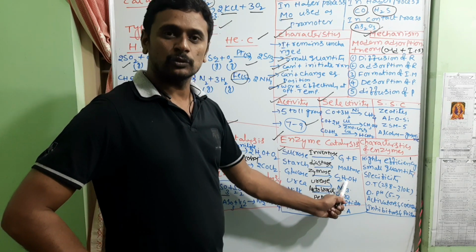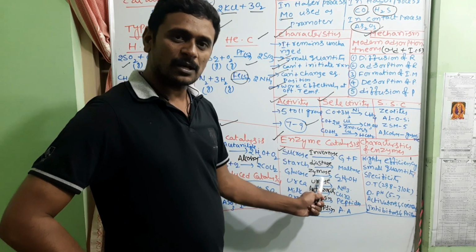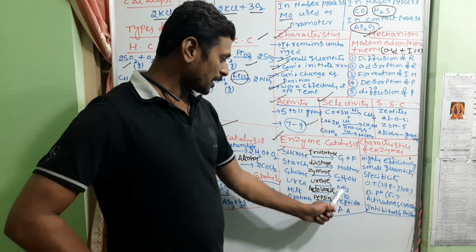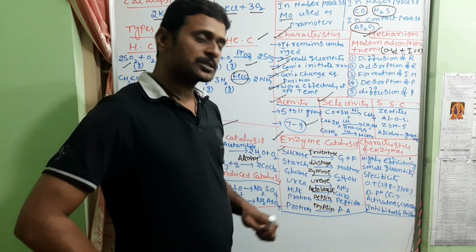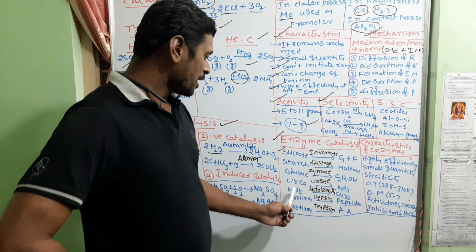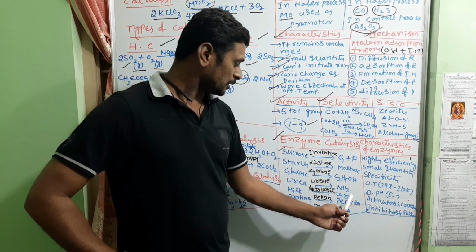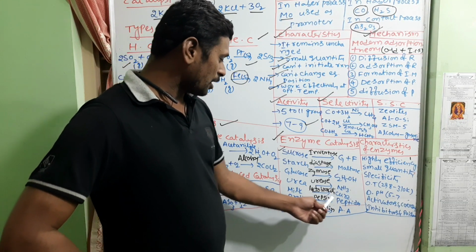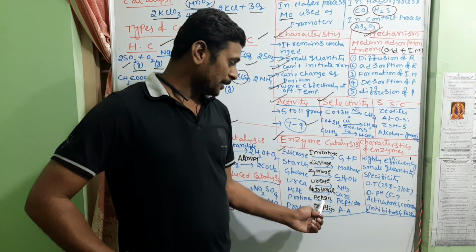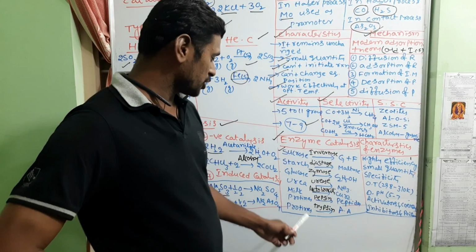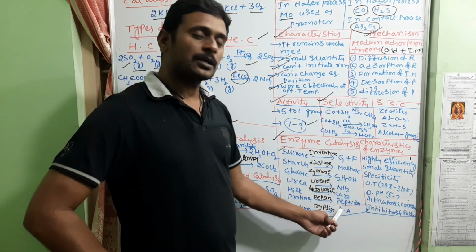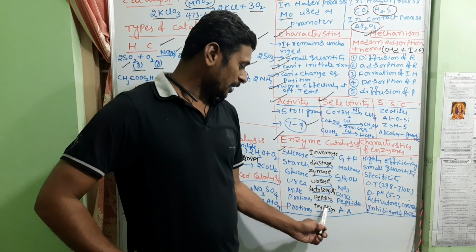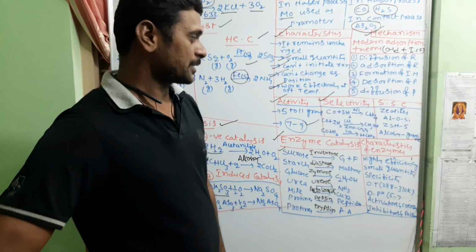Glucose is converted into ethyl alcohol in the presence of zymase. Urea is converted into ammonia in the presence of urease as enzyme. Milk is converted into curd in the presence of lactobacillus. Proteins are converted into peptides in the presence of pepsin as enzyme. Next, proteins are converted into amino acids in the presence of trypsin as catalyst.